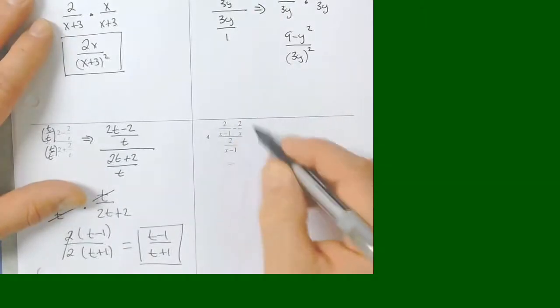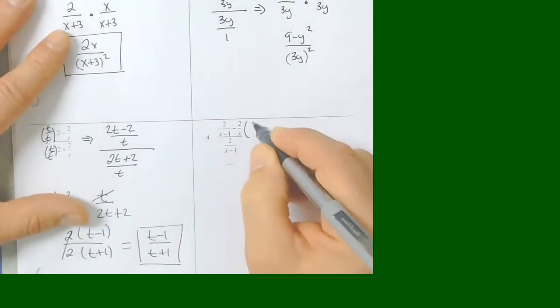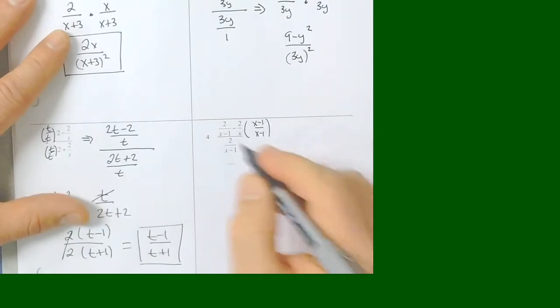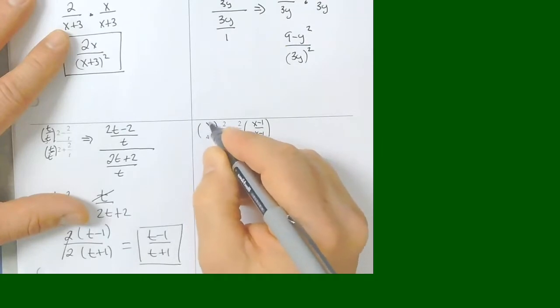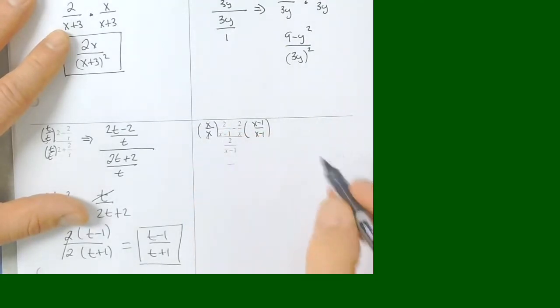So let's get a common denominator on the top. I'll multiply by x minus 1 over x minus 1. This denominator, I'll multiply by x over x. This denominator onto the left.